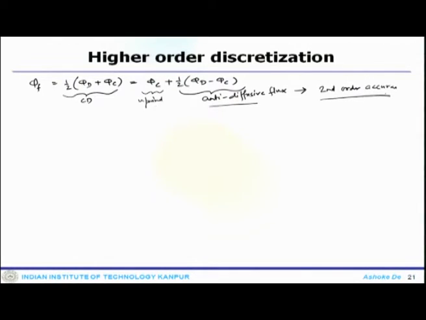One way to do that is to multiply this anti-diffusive flux by a limiter function, also called the flux limiter.